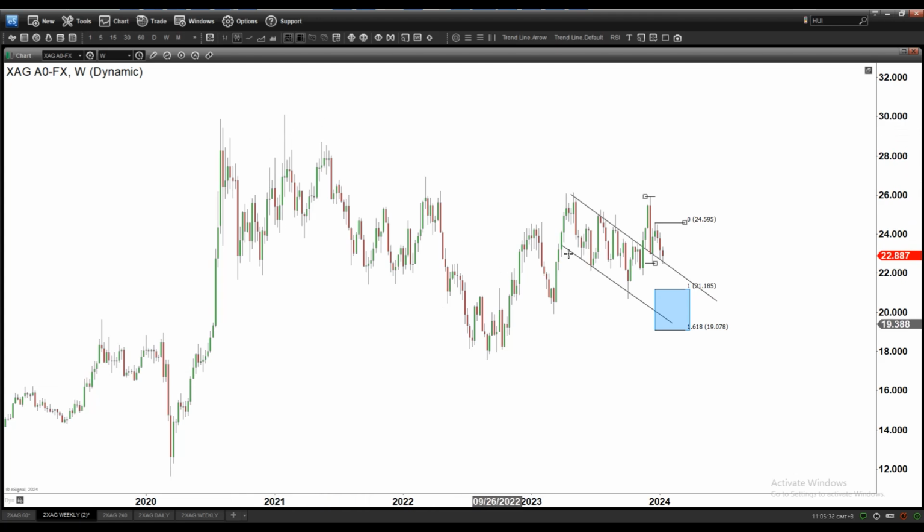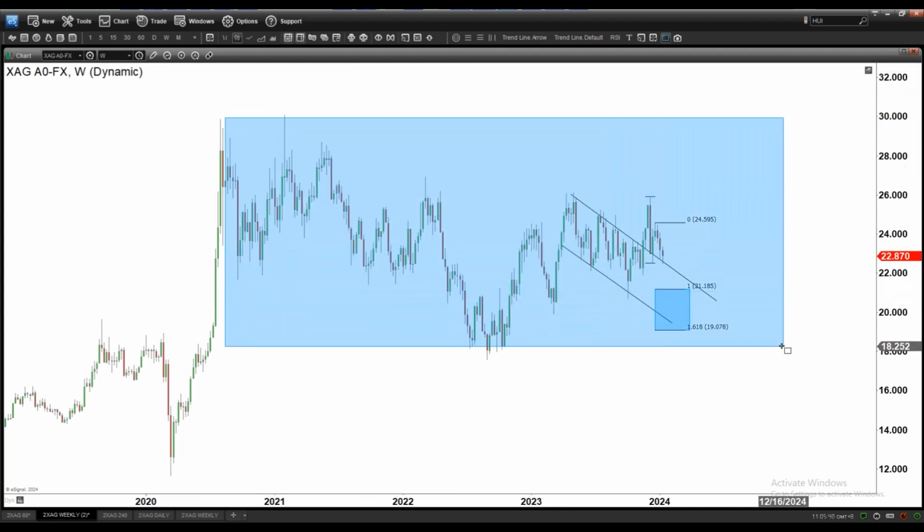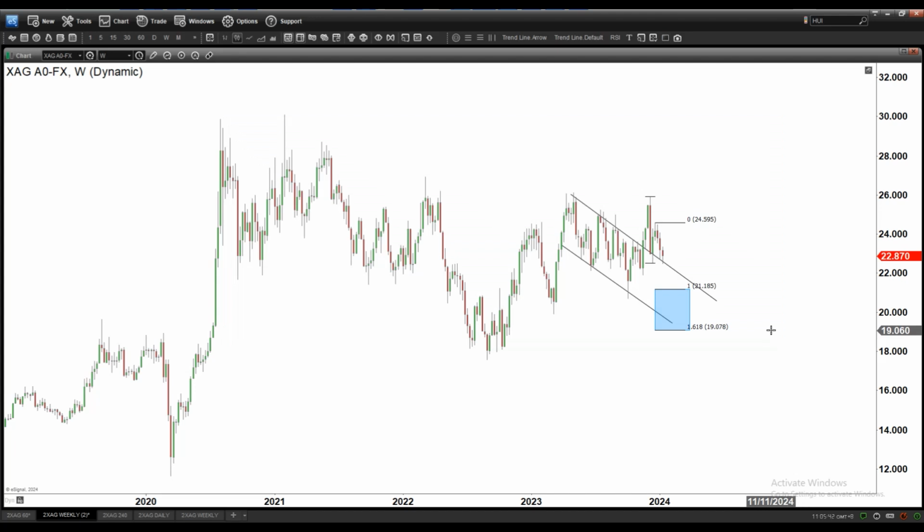Now we are just trapped in sideways price action since 2020, in a big range right now in silver.